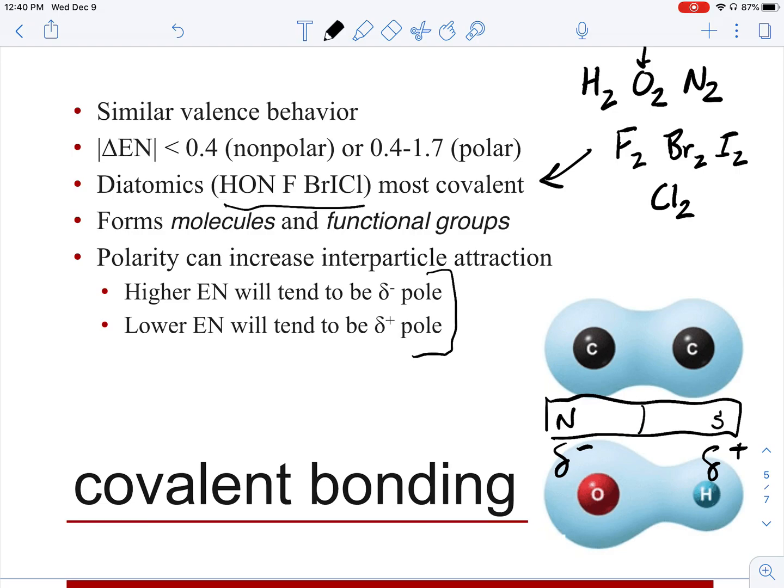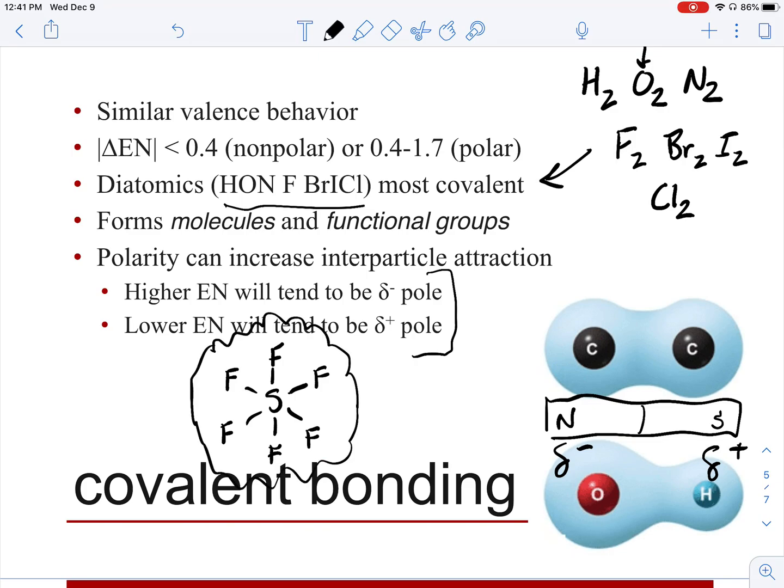But there's another molecule, sulfur hexafluoride, and hex means 6. And so fluorine, being the most electronegative of all of the elements, is going to kind of create this delta negative shell around the outside, and the delta positive sulfur ends up being buried way down in the middle.